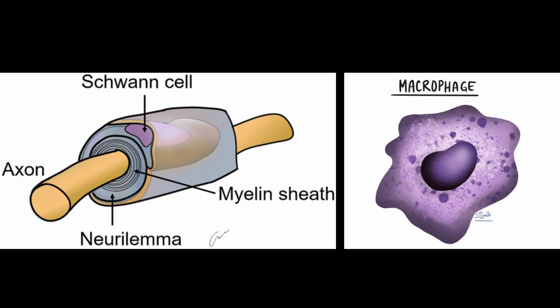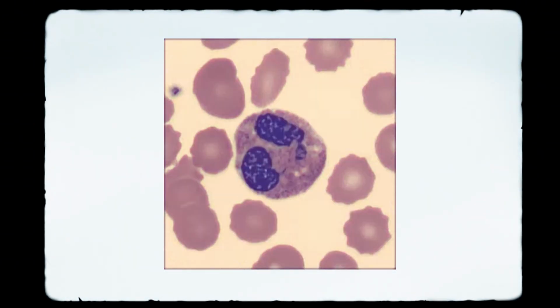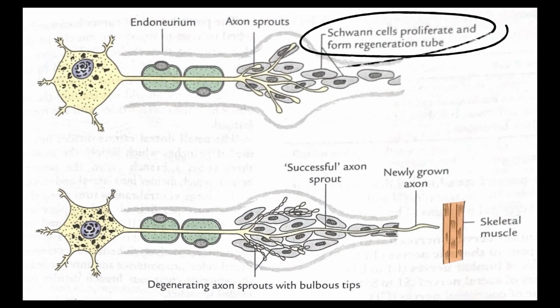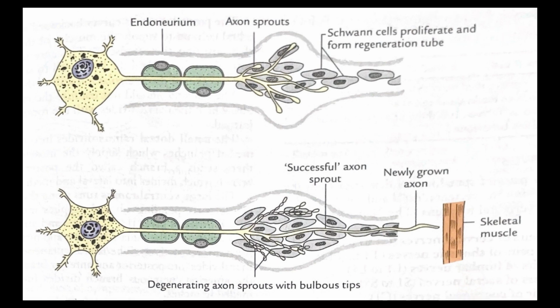Regeneration. The Schwann cells and macrophages distal to the site of injury play an important role in regeneration. The macrophages migrate to the site of lesion and phagocytose the debris. The neurolemmocytes, Schwann cells, proliferate and form a cord of cells called band fiber within the endoneurium.